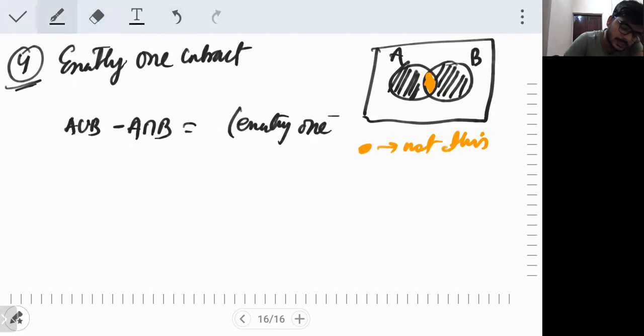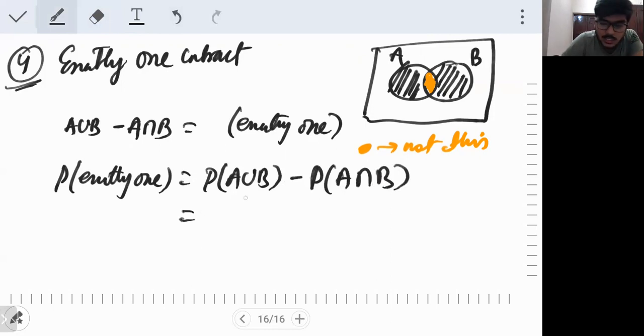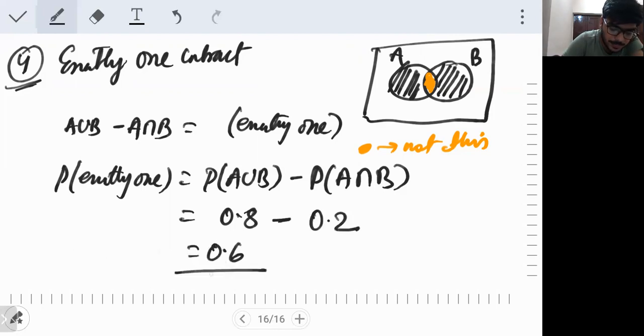The probability of exactly one is equal to the probability of A union B minus the probability of A intersection B. A union B is equal to 0.8 and A intersection B is equal to how much? 0.2, and this is equal to 0.6.